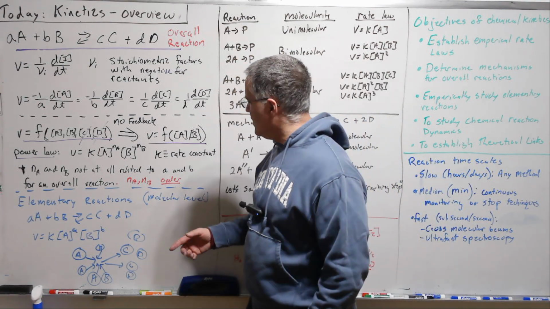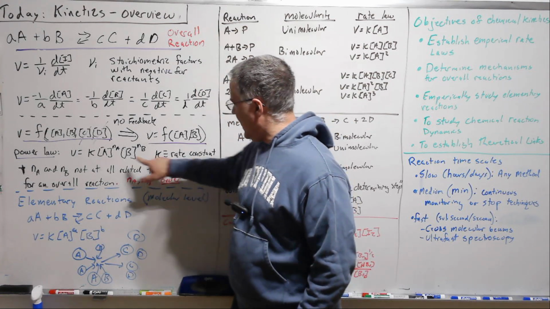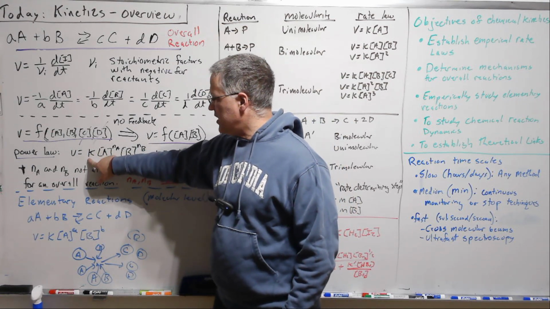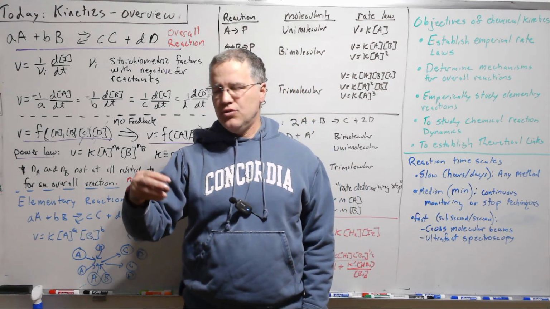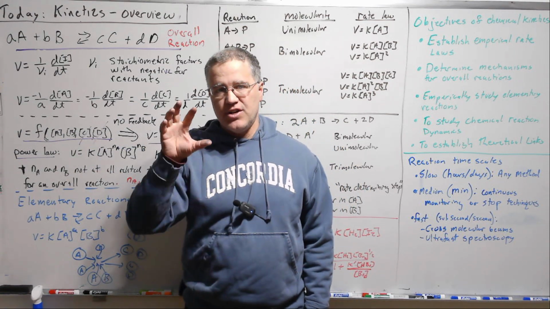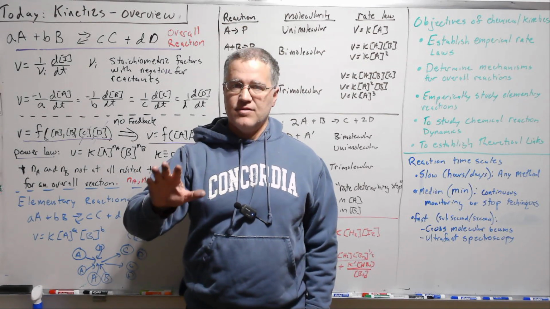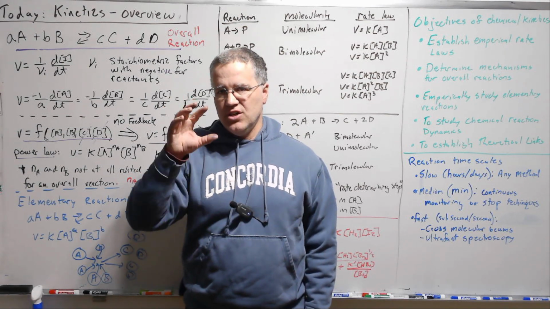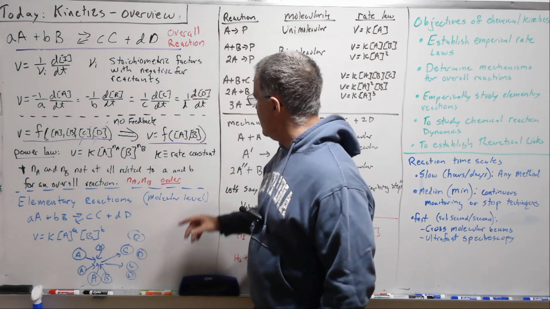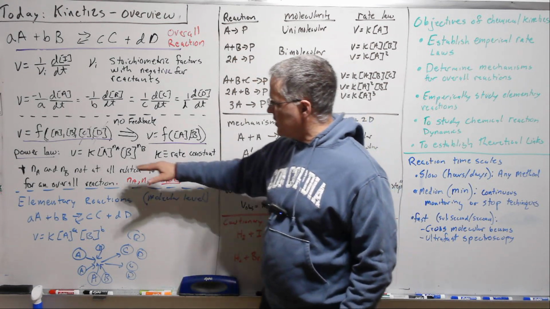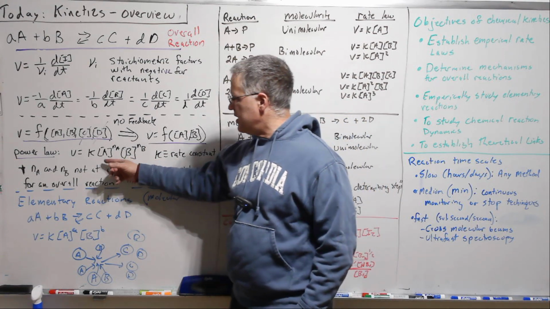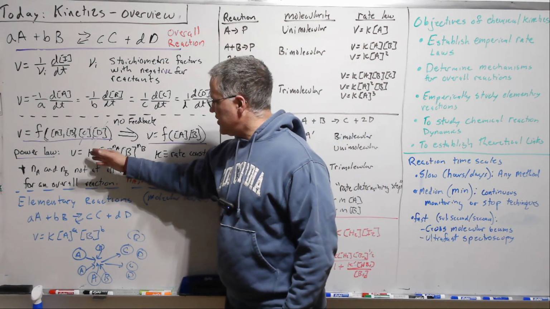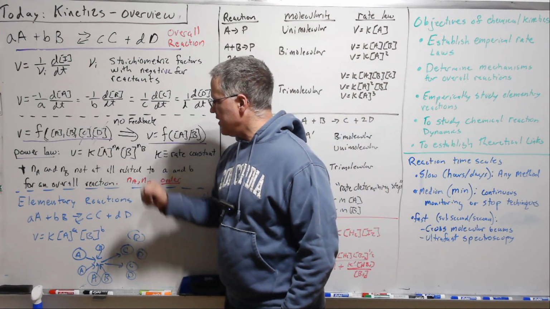And in a power law, we have a rate constant k. So the velocity is equal to a rate constant k. Now, this is constant with respect to what we're calling the independent variables here, A and B. Not constant with respect to the solvent change, pressure, temperature, and so on. But we still call this a rate constant because we're wondering how it is dependent upon the concentrations, and it's just a constant of proportionality here.